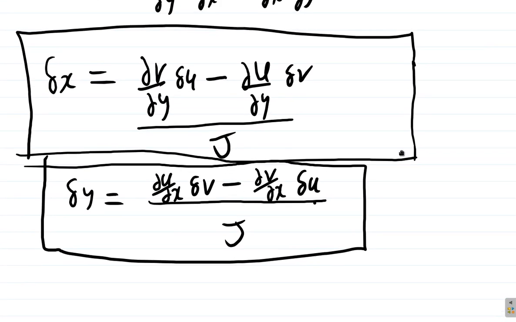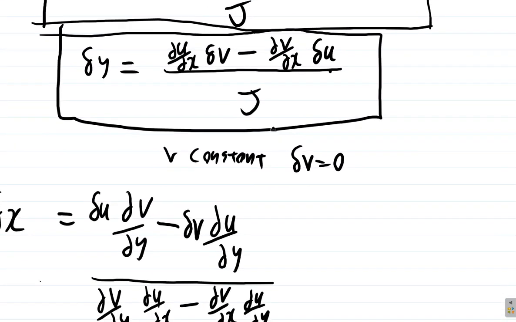Now, let's consider something. Suppose you hold v constant. If v is constant, then the change in v would be 0 because there will be no change.